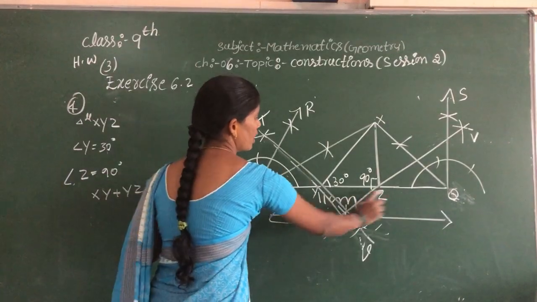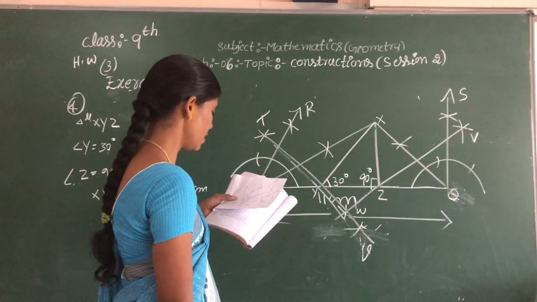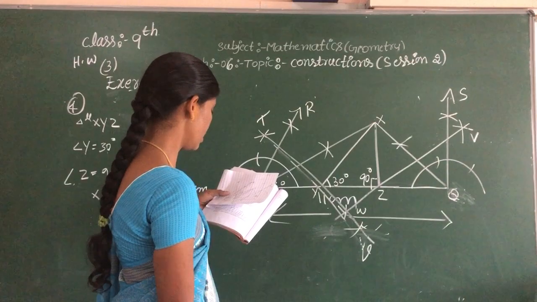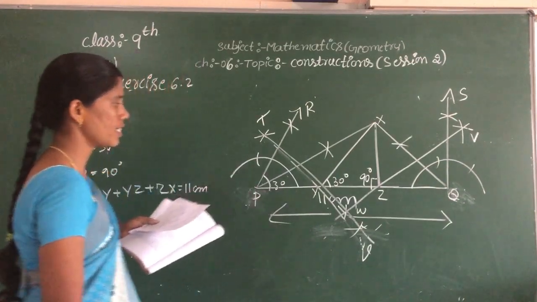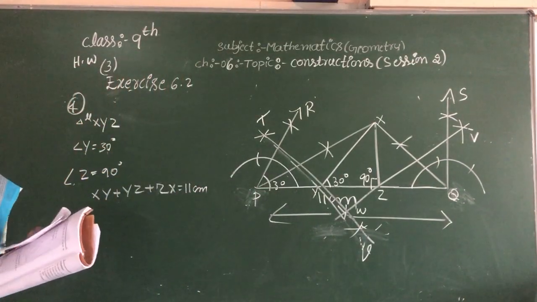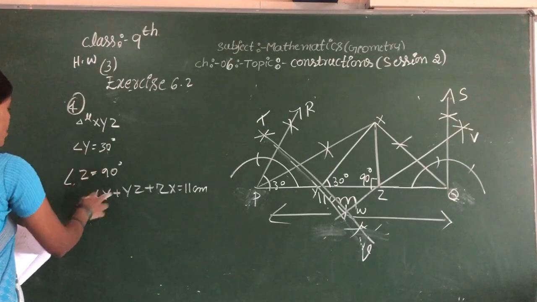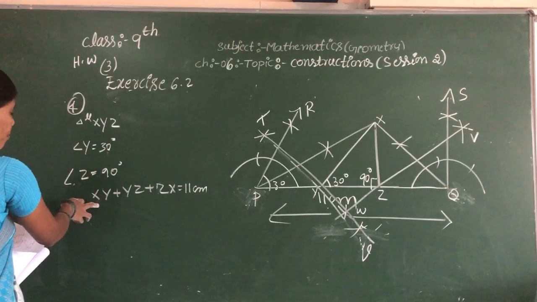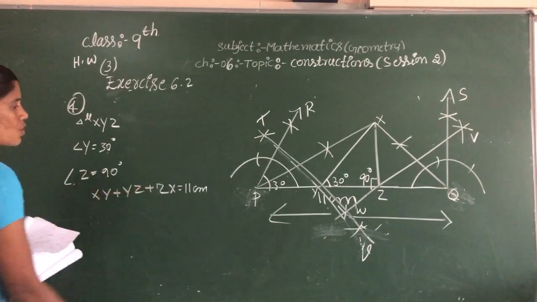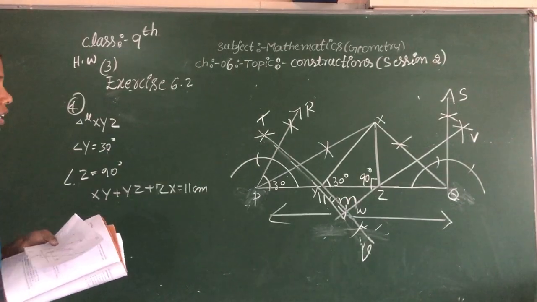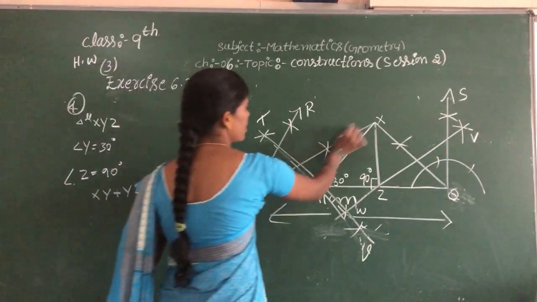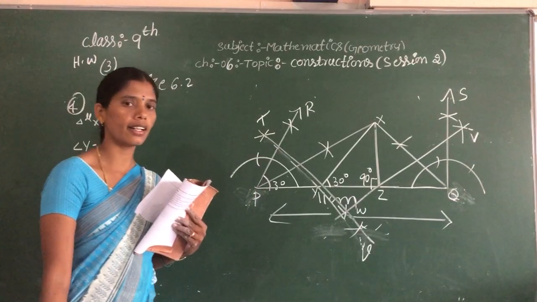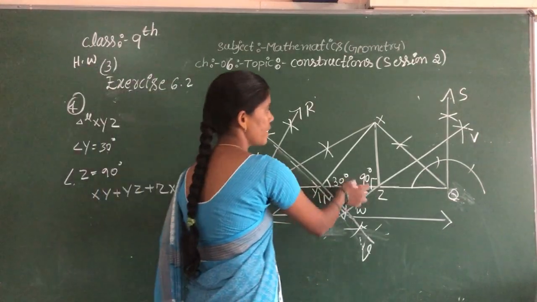This is total 11 centimeter. Okay children, have I got it? We should draw one line segment. So in total XY, YZ, ZX is equal to 7 centimeter. So after that we should join this triangle. Right angle triangle is one angle is 90 degree.